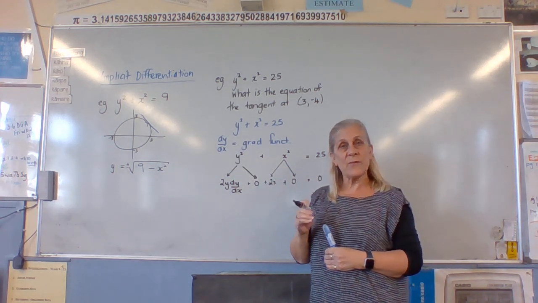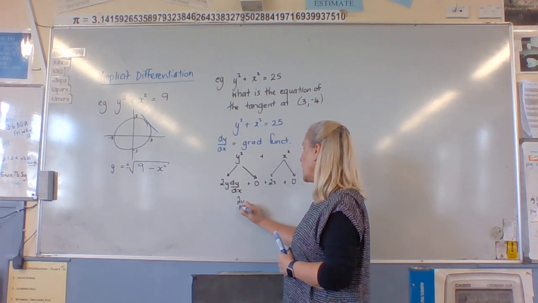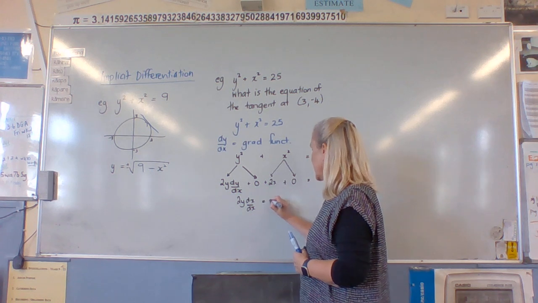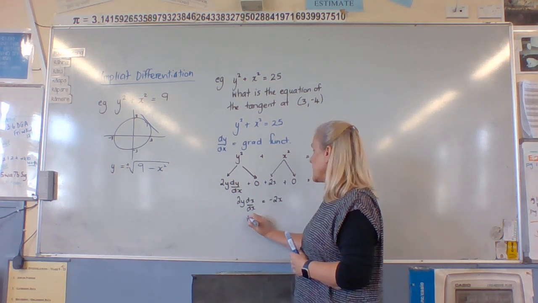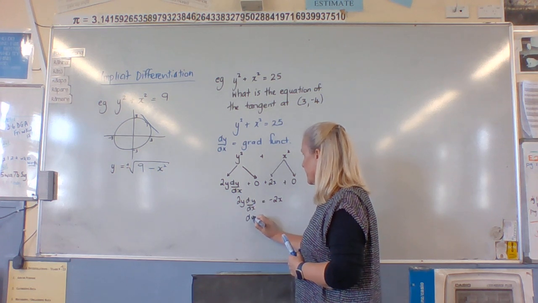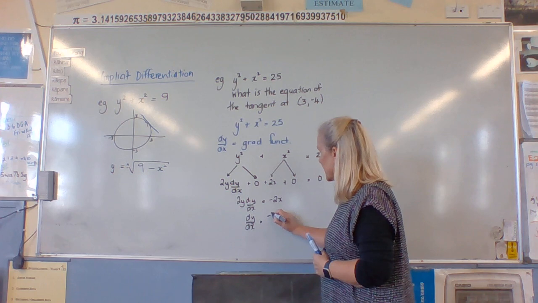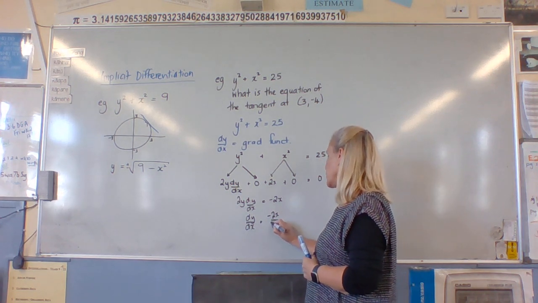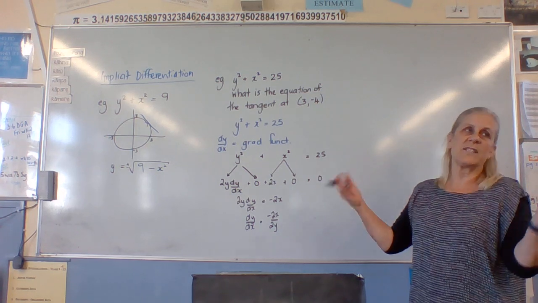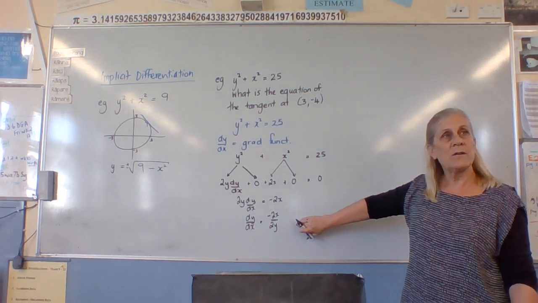That's my gradient function. So I'm going to take everything else over here. I'm going to get 2y dy by dx equals negative 2x. Therefore, dy by dx is equal to negative 2x over 2y. Right? All the zeros just went away. This is my gradient function.